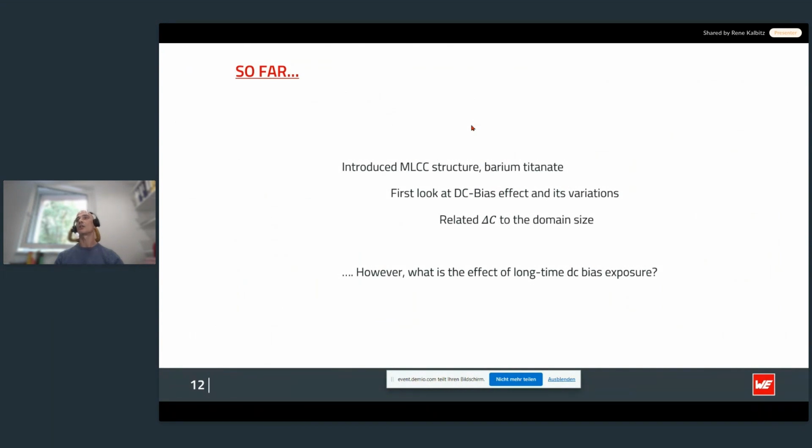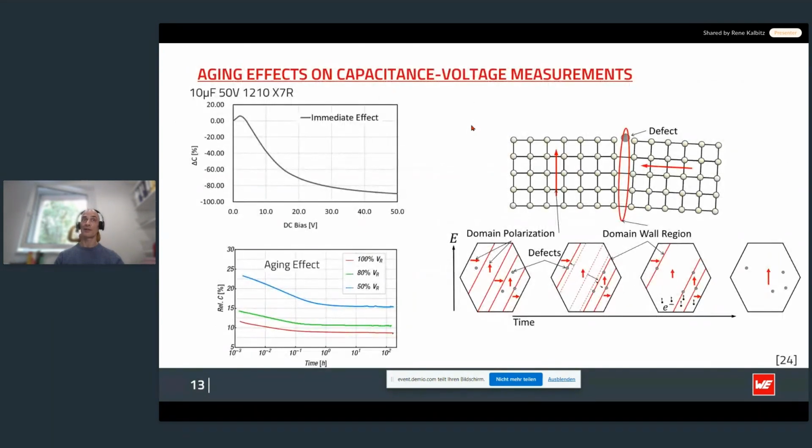So how does long time DC bias exposure affect the performance? Well, two processes can be distinguished, leading to an immediate as well as a long-term DC voltage dependence, as illustrated in the graphs here. Both processes are related to the ferroelectric properties of class 2 materials.